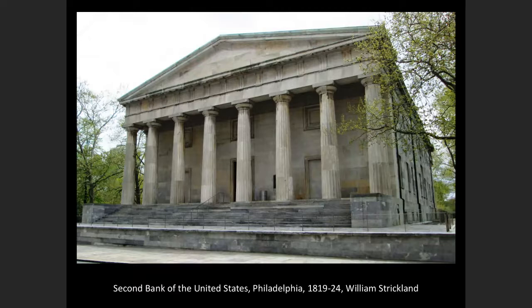So this, similar to what we just saw with the British Museum, is a Greek temple. It's an attempt to be an accurate Greek temple, as accurate as you can be given that it's a bank and not an actual temple itself. But the facade of this portico is meant to be a very accurate replication, essentially, of the Parthenon, with the fluted Doric columns, the entablature with the triglyphs and metopes.